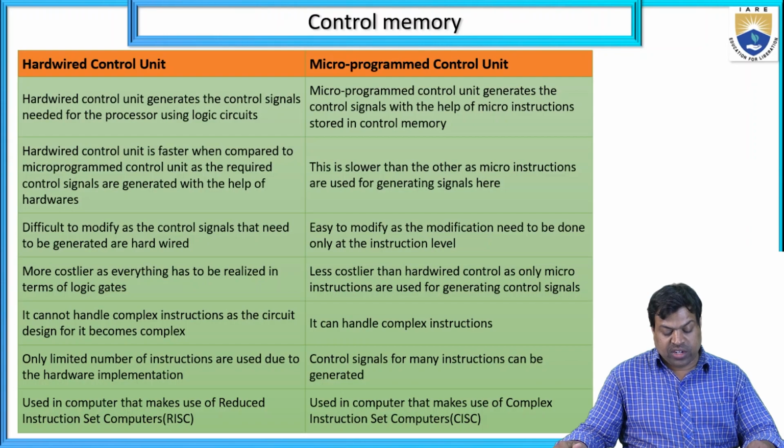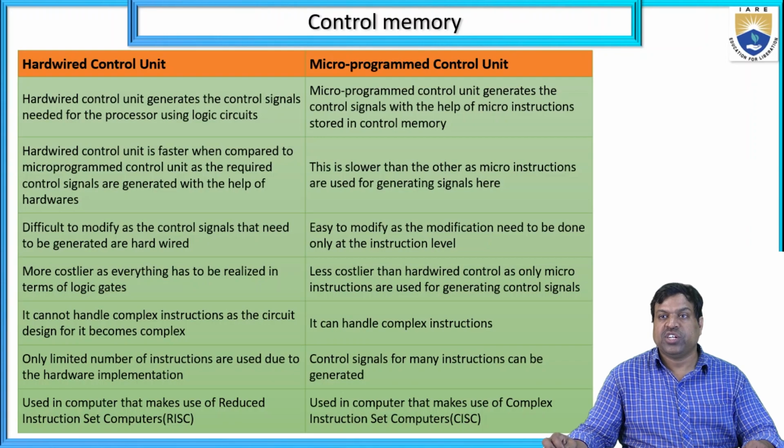Hardwired is more costly, as everything has to be realized in terms of logic gates, and microprogrammed is less costly than the hardwired control, as only micro instructions are used for generating control signals. Hardwired cannot handle complex instructions, as the circuit design for it becomes complex, and microprogrammed can handle complex instructions.